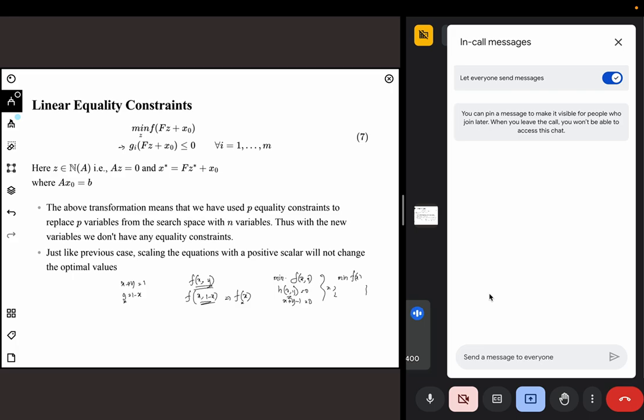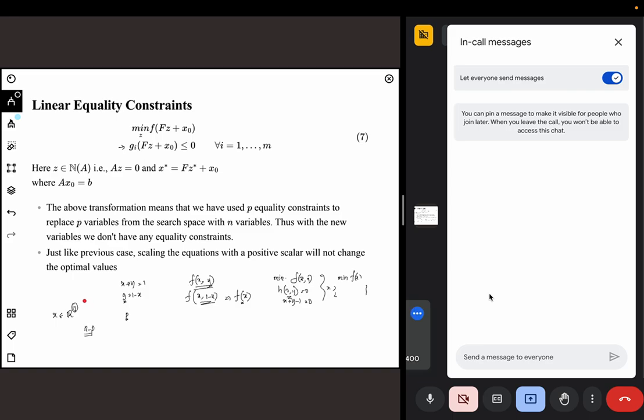All you're doing is rearranging the equations and then simplifying, substituting into the original so that your dimension gets reduced. So instead of searching in n space, you have now reduced it. Previously, if the domain was x belongs to R^n, which means I have n variables to find, and I have p constraints, I can rearrange these variables and reduce it to n minus p.